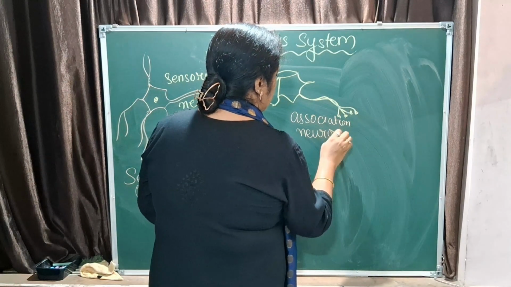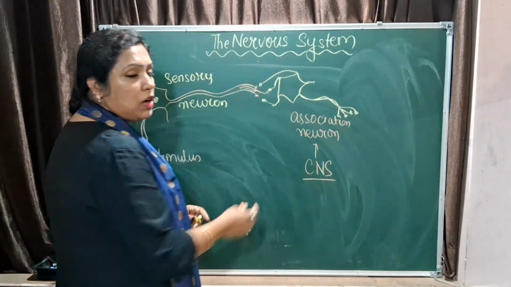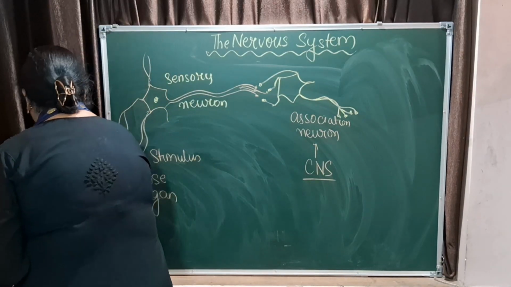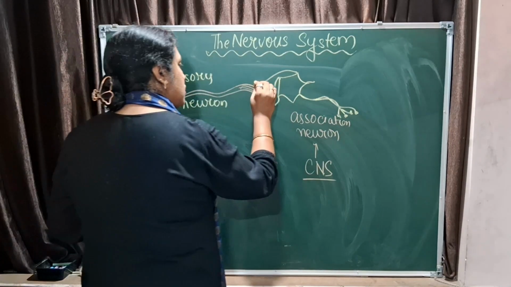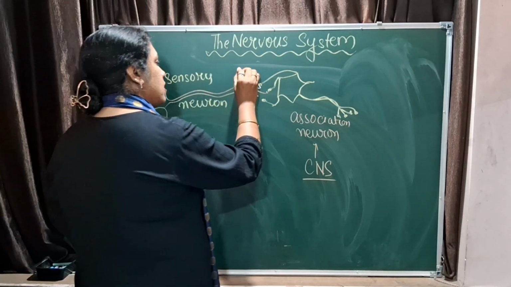This is generally present in your CNS, in this case the spinal cord. I will talk about CNS and types of nervous system. So this gap that you see in between, the junction between the two neurons, is called a synapse.